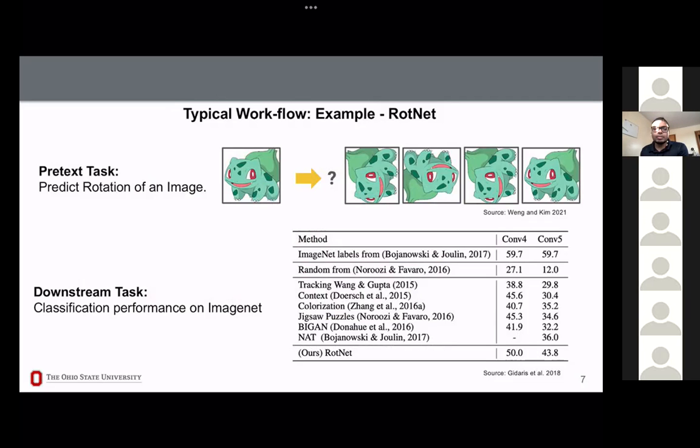Right. To have an apples-to-apples comparison, they used the same architecture for these experiments. And then after you take out the Conv4 or Conv5 outputs as the Z, what did they train for the downstream task? They had the classification.